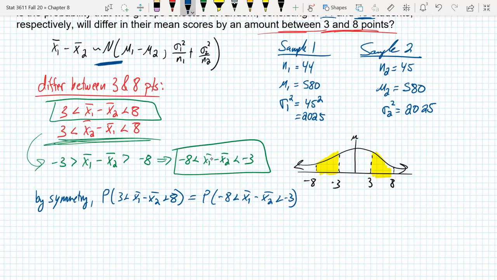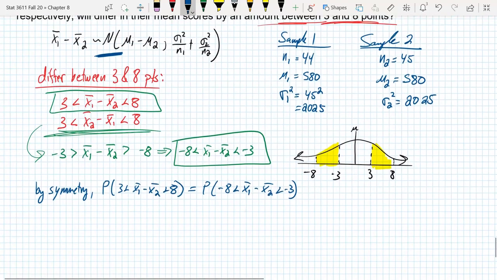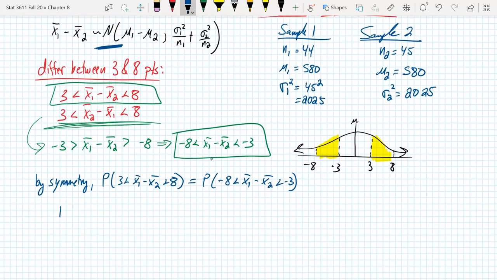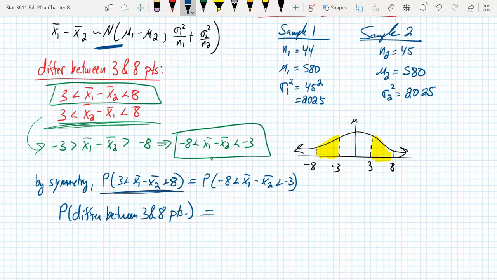So to get the desired probability then, the probability that they differ between 3 and 8 points, since they are the same, we can just compute one of these, take your choice, I'll pick the first one and double it.